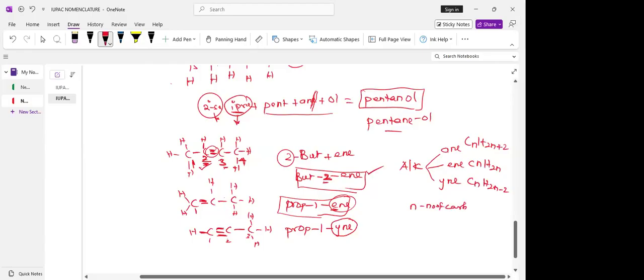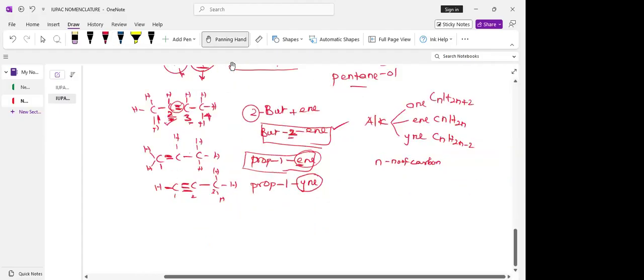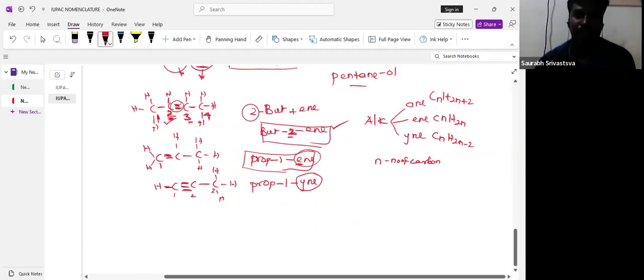Okay. For example, we'll write one example. Here I wrote the alkane general formula, CnH2n plus 2. The n value I'm going to write as 1. If it is 1, then we can write C1, correct? H2 multiplied by 1 plus 2.